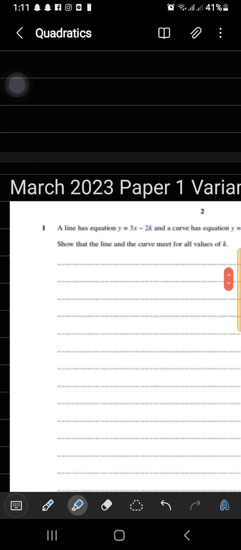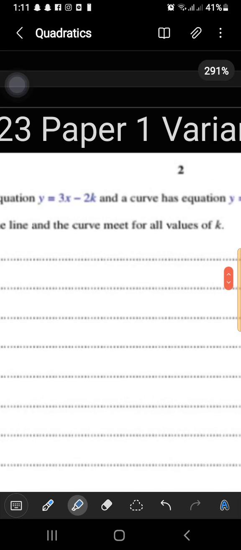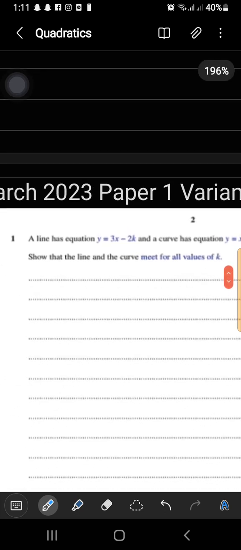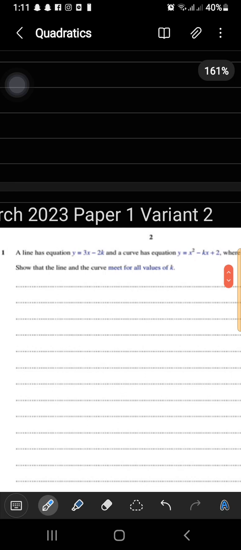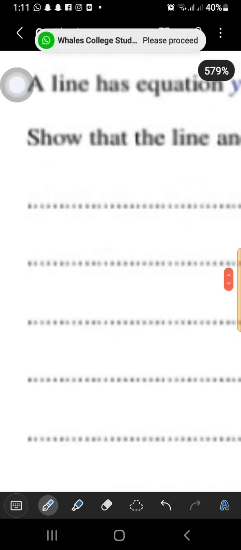Then it is saying we have to show that the line and curve meet for all values of k. Okay, so here we will equate both the equations.